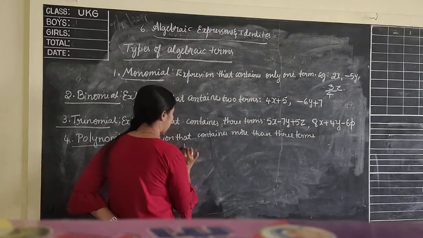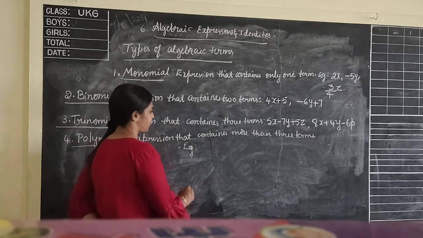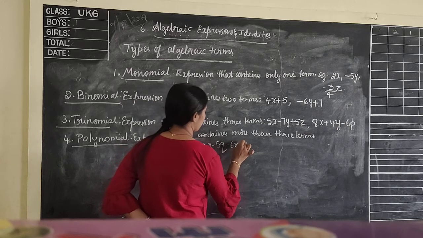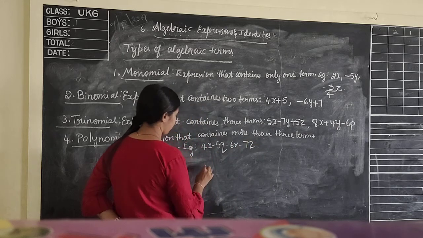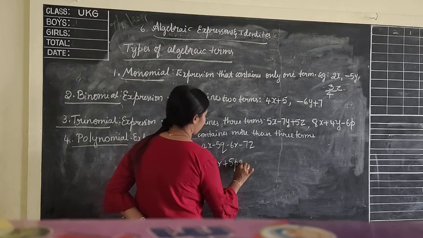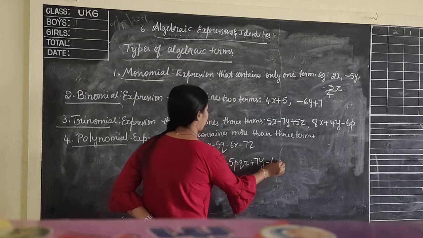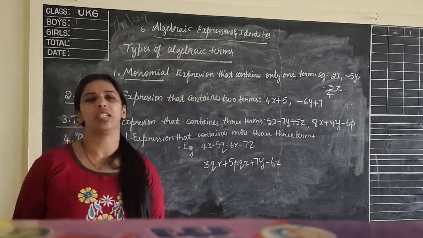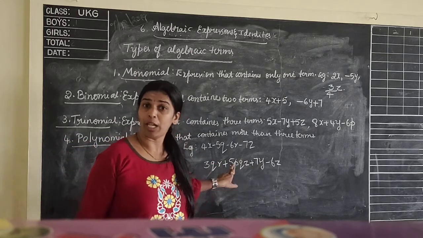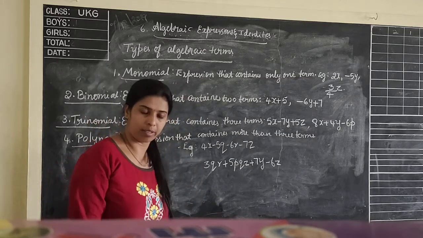Example, like this. Any more than 3, that's all. If it is only 3, trinomial; only 2, binomial; single, it is a monomial. More than 3, polynomial. Okay.